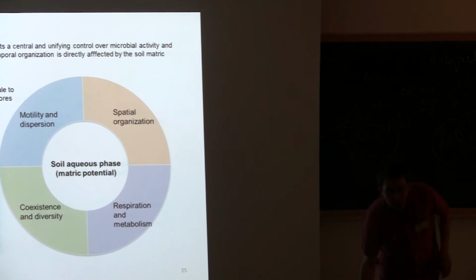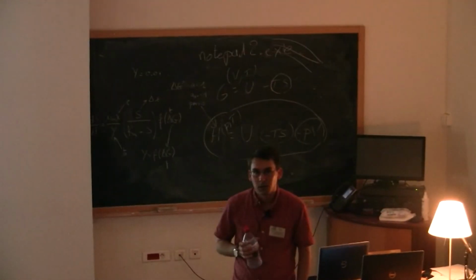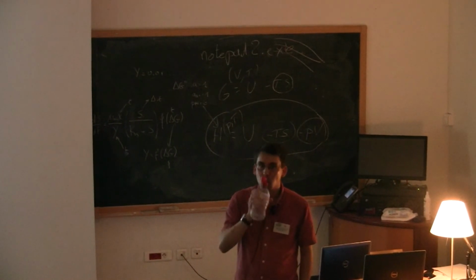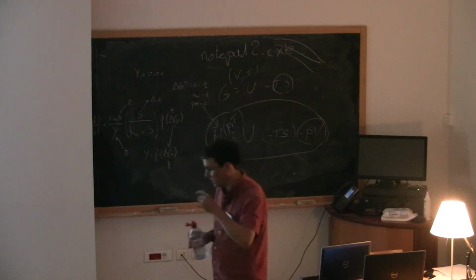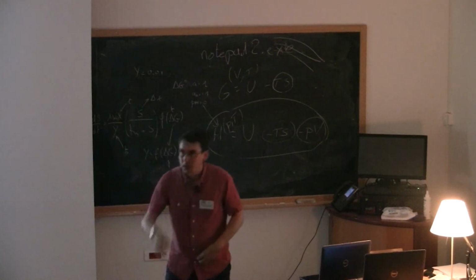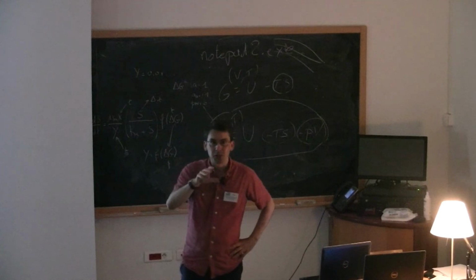If I understood correctly, it seemed in one of the slides that the soil water potential affected the microbial respiration strongly, even when it was near saturation, like when the saturation was near 1. Is that correct? So what I showed was that you had the soil water potential on one axis and the soil relative humidity on the other.